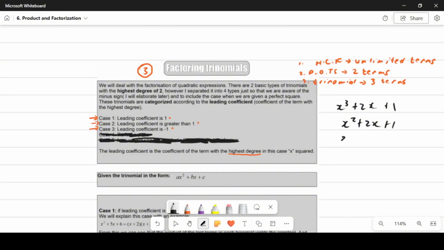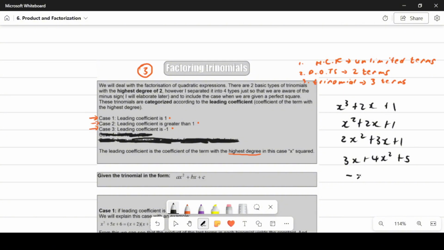So for example, 2x squared plus 3x plus 1, the leading coefficient is 2. 3x plus 4x squared plus 5, the leading coefficient is 4, right? So it's the coefficient in front of the variable with the highest degree, which will be 2.